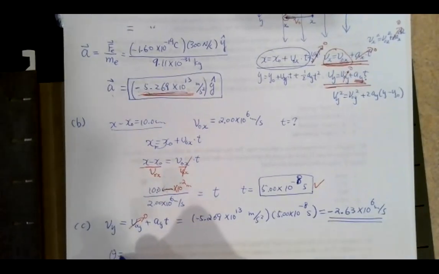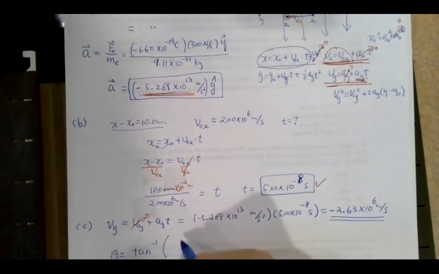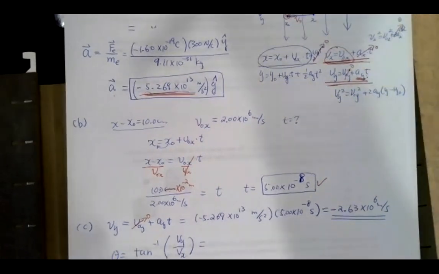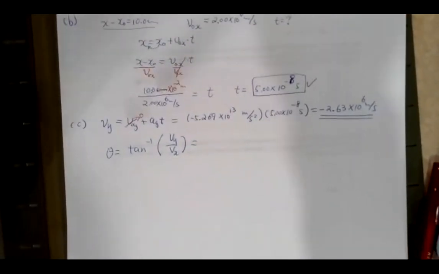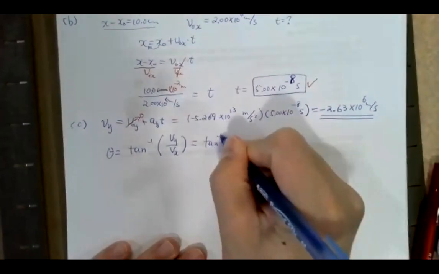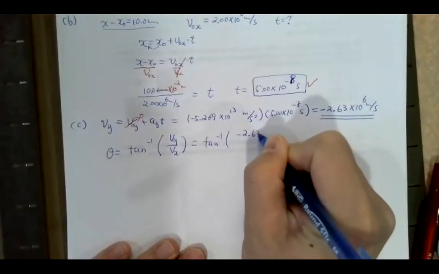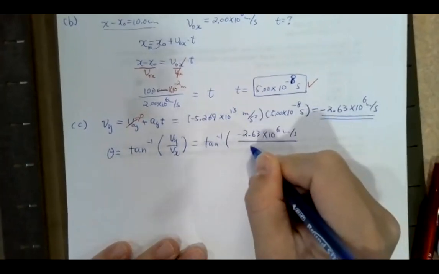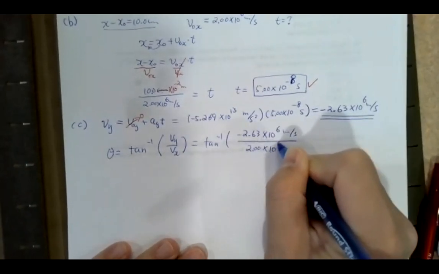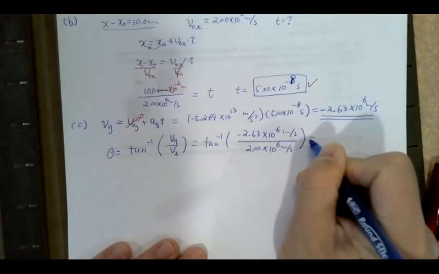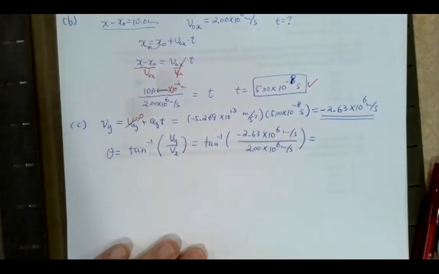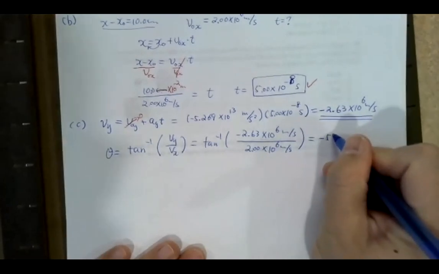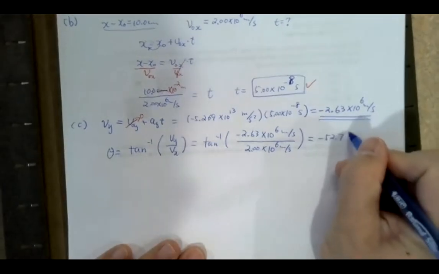Now the directional angle you can calculate as tangent inverse of Vy over Vx, okay? So you would have tangent inverse of minus 2.63 times 10 to the 6 meters per second over Vx, 2.00 times 10 to the 6 meters per second, okay? That will give you minus 52.7 degrees.